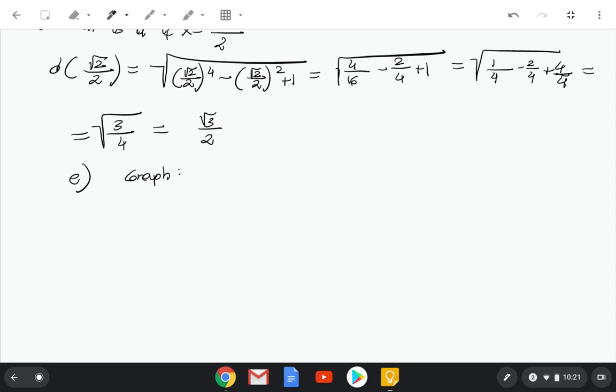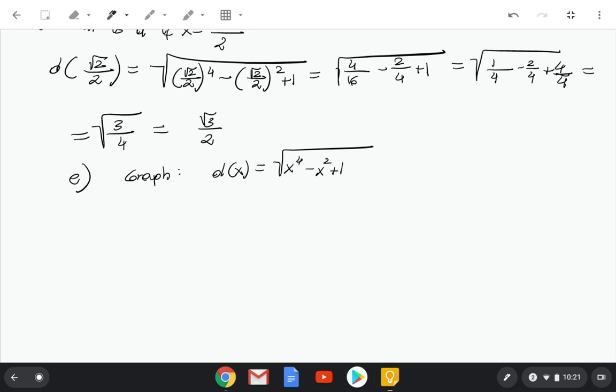You have to graph d of x equal square root x to the power of 4 minus x squared plus 1.